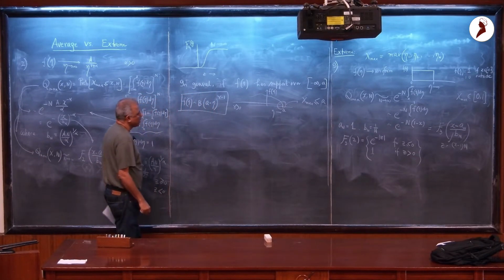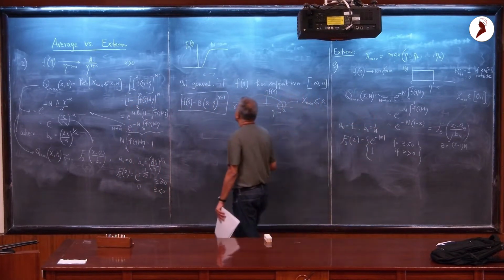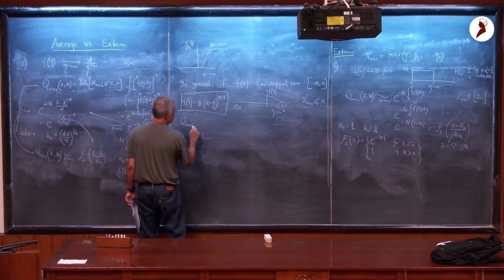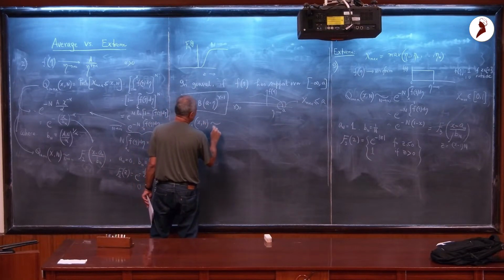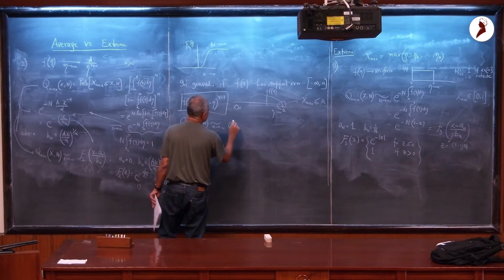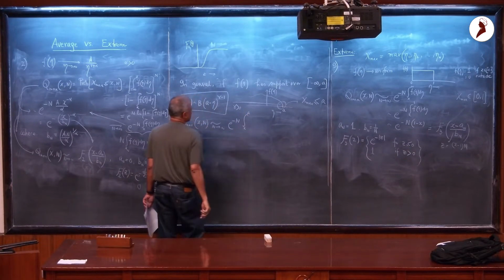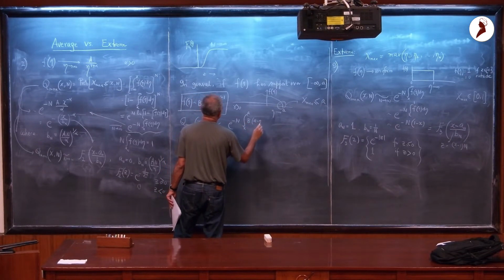Okay? And again, I'm going to use this formula here, and so for f eta I have to just put b times A minus eta to the gamma minus 1.